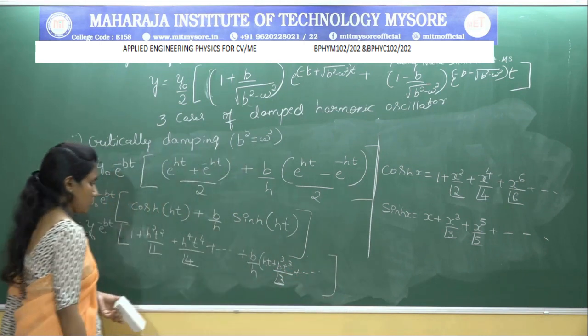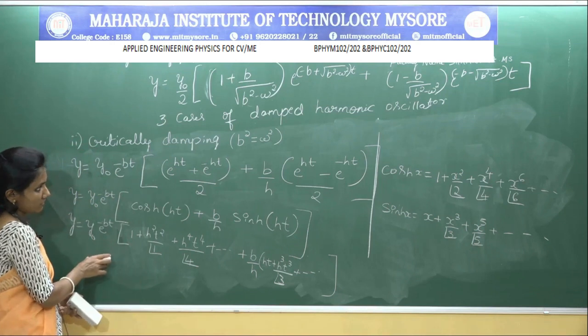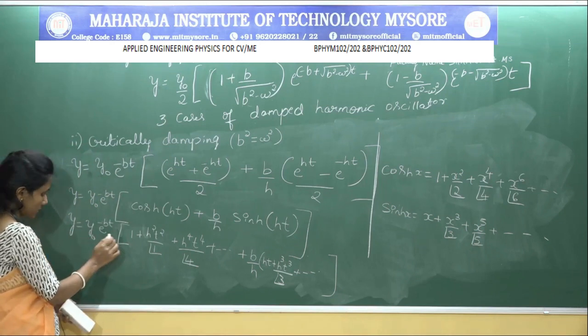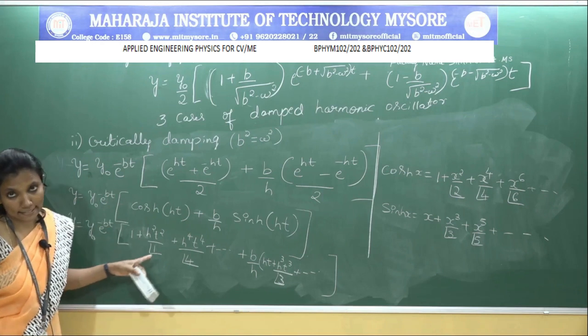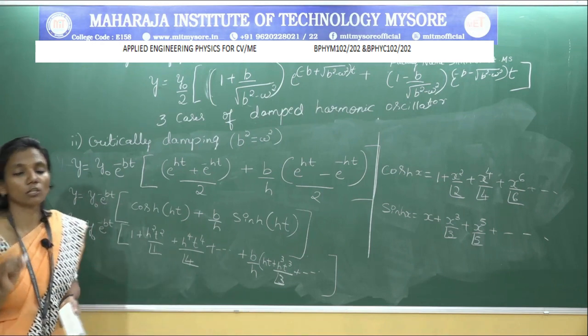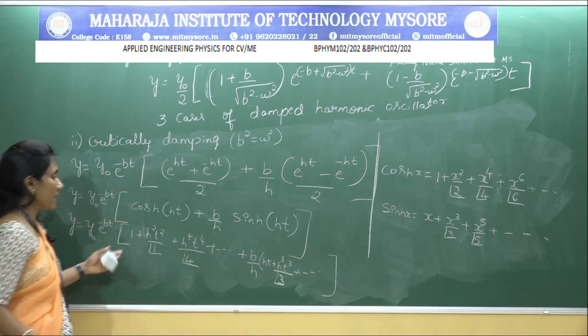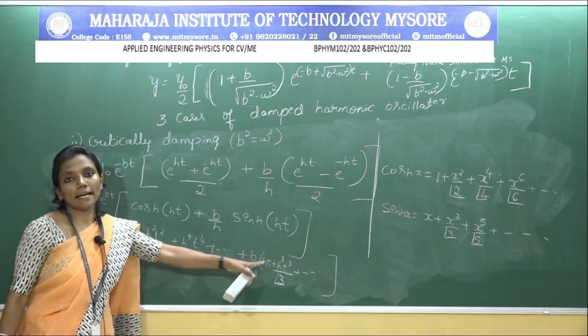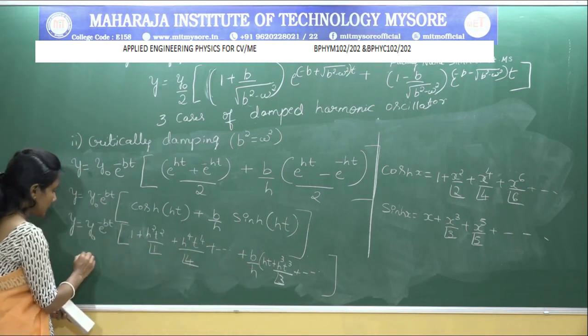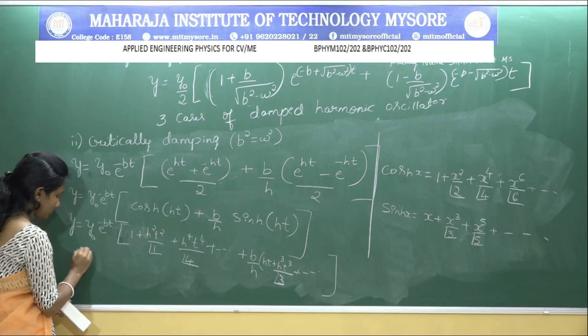Here, from this equation, because initially we considered that h is a very small quantity, we have to neglect the higher order terms. So ignore the higher order terms.